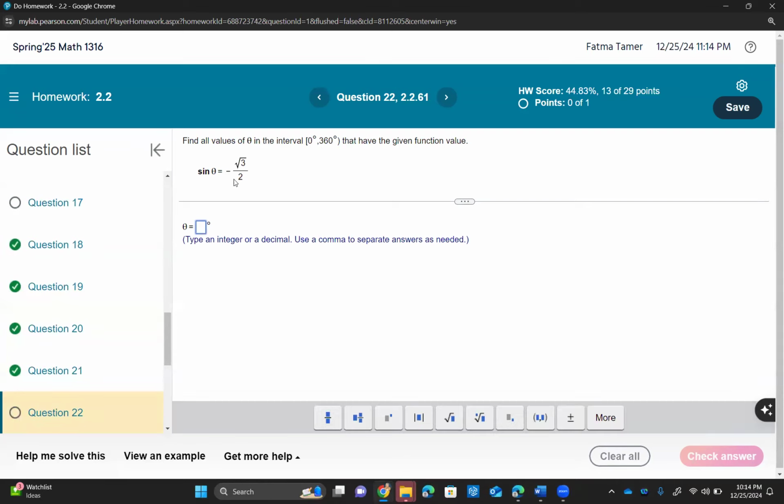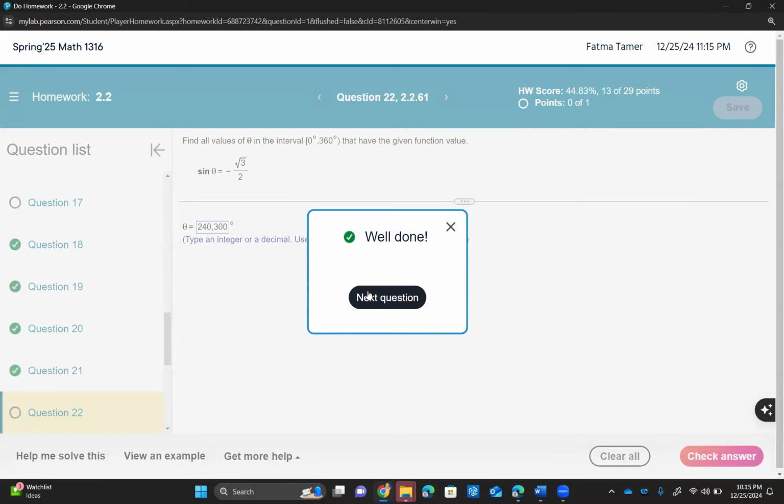I know that this root 3 over 2, first time we see this fraction, it's 60 degrees, but this is a negative value. So sine is negative only in quadrant 3 and quadrant 4. So 60 becomes 60 plus 180, which is 240 in quadrant 3, and 60 becomes 300 in quadrant 4. So these two angles will have this sine value.